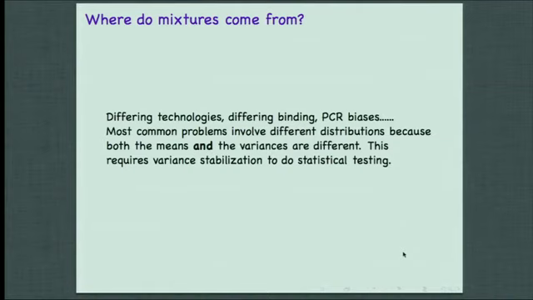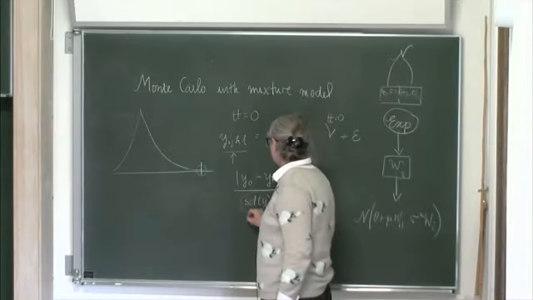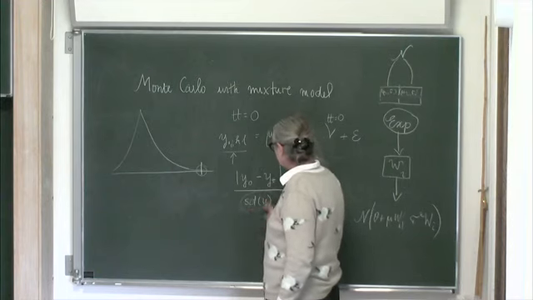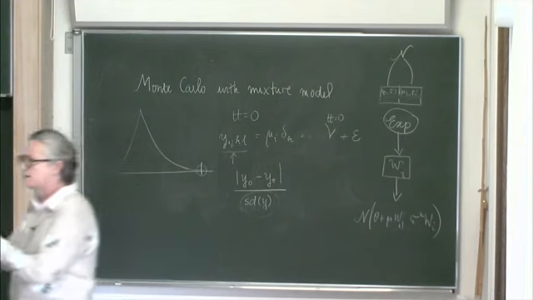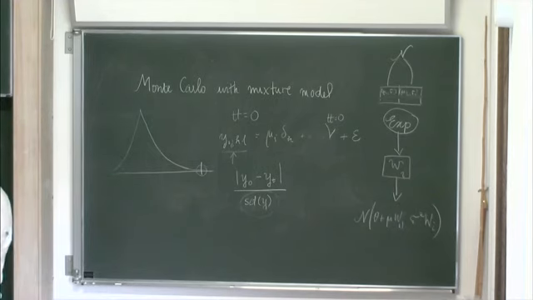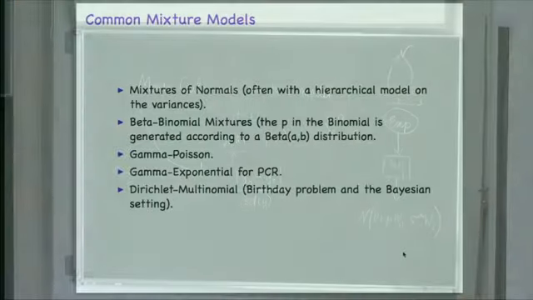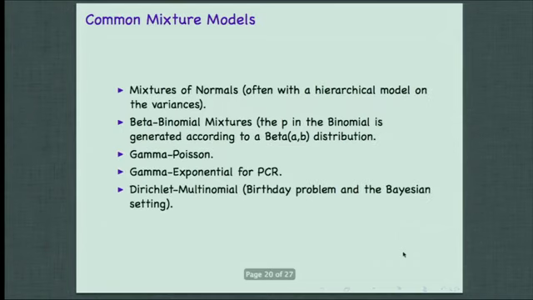That is, in order to test anything, and this is a good example of what has to happen, when you're testing, you don't want to have something which depends on the standard deviation, and having a different standard deviation at different parts of your zones where you're looking is going to make your t-statistics and everything work badly. So if you have the variance depending on the mean, you have to do what's called variance stabilizing, and I think that the best example is for the Poisson. And I'll talk about that after.